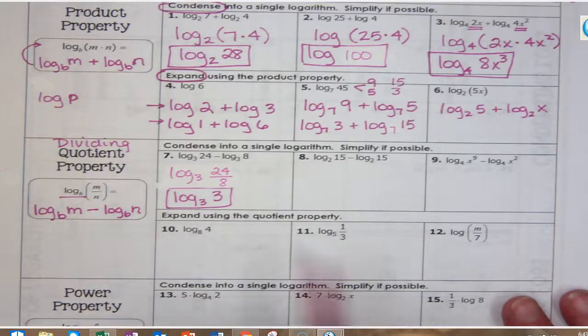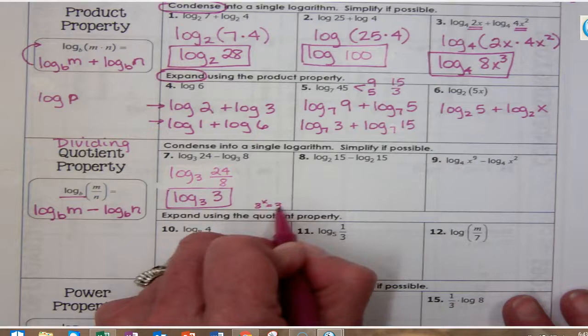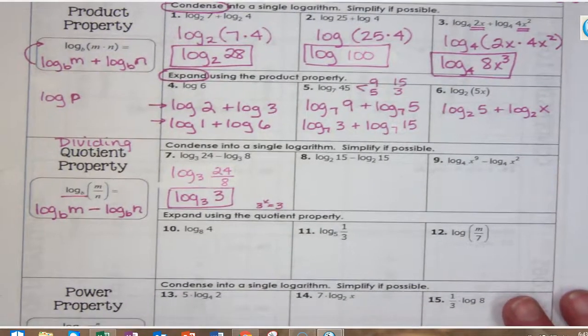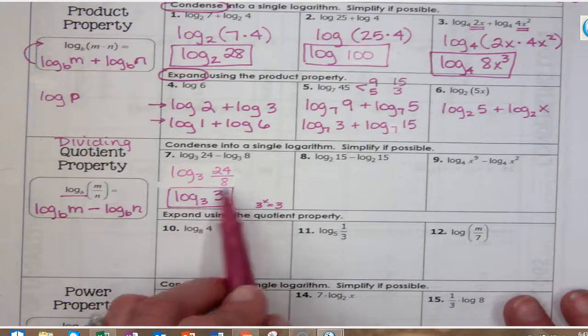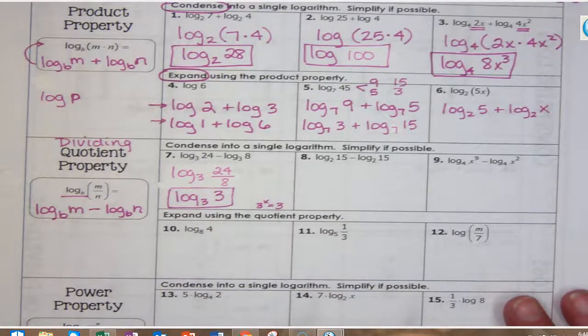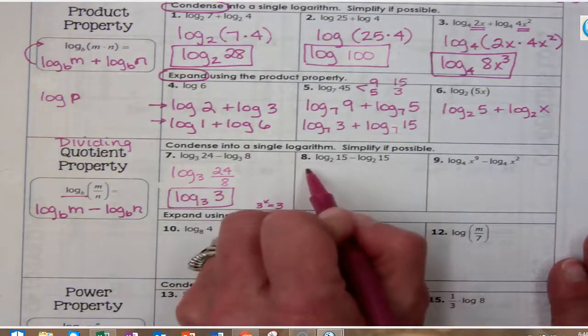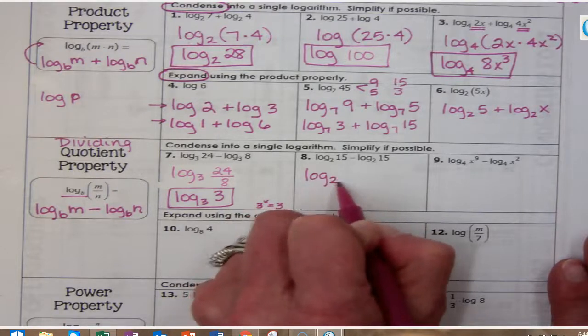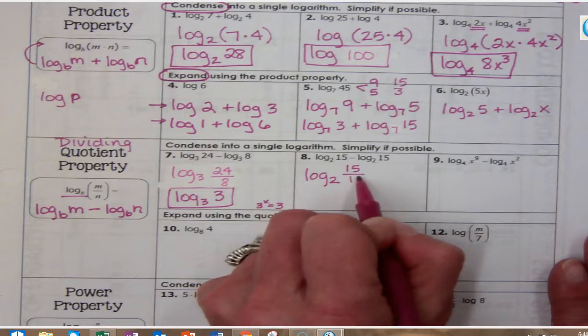I'm just creating a new logarithm. Now, hopefully you would think about that and say 3 to the x power equals 3, so x must equal 1. Hopefully you're putting that together. But if not, that's okay. But think about that. So 3 raised to the x power is 3. X would equal 1. I'm not asking you to do that right now, but I do want you to be thinking that way. So here we've got log base 2, 15 divided by 15.